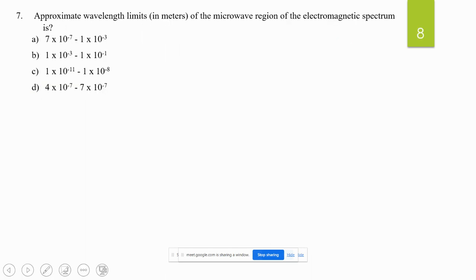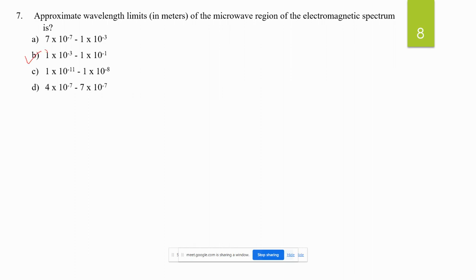Then coming to the seventh question: approximate wavelength limits in meters of the microwave region of the electromagnetic spectrum. That is also a direct question, which was taught in week one.